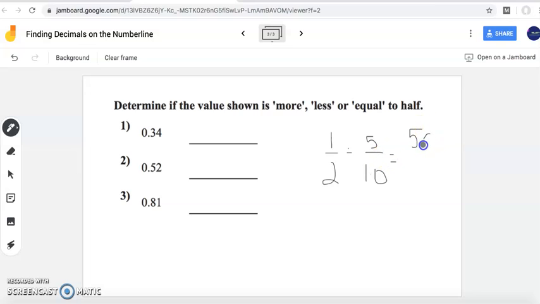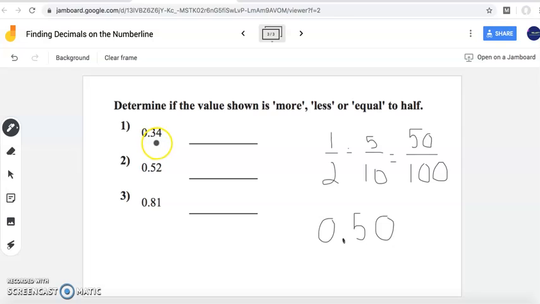It's really important that we use the word equivalent to describe that two fractions or decimals are the same representation. So 50 hundredths is the same as 5 tenths. Now I'm going to use that to help me answer these questions.